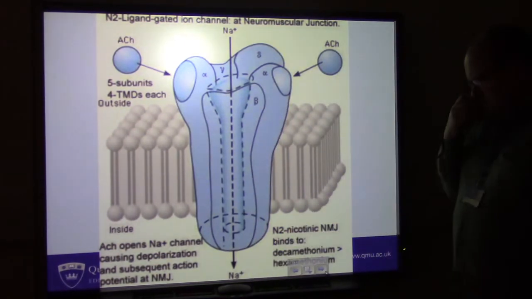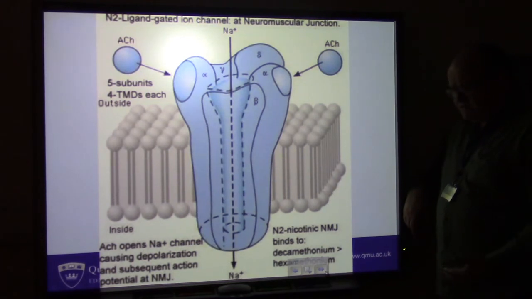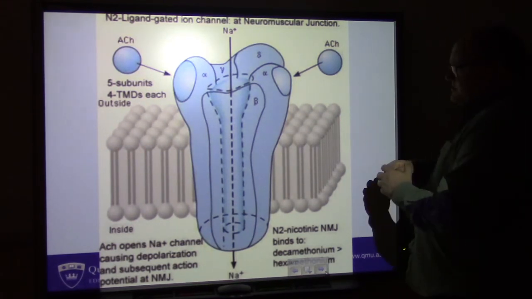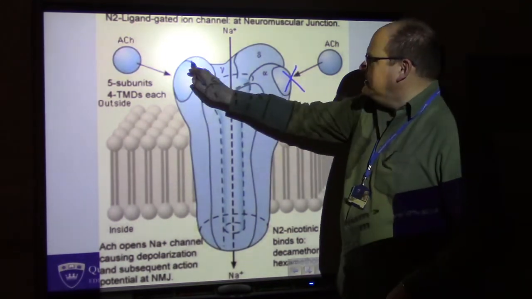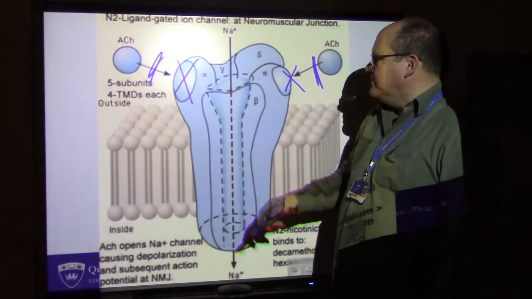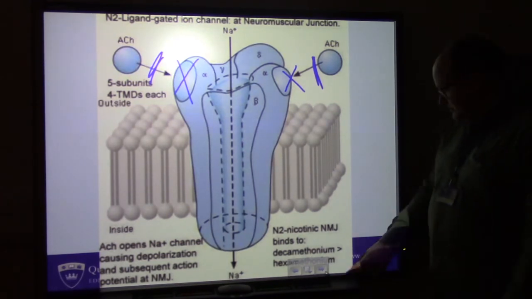Sodium comes into the cell, causing a depolarization of the muscle fibre that leads subsequently to a muscle action potential, entry of calcium, and contraction of the muscle. So what we're doing is bringing in the neuromuscular blockers, and they work here and here so that acetylcholine can't gain access anymore.